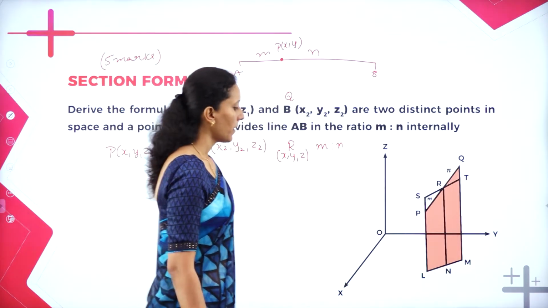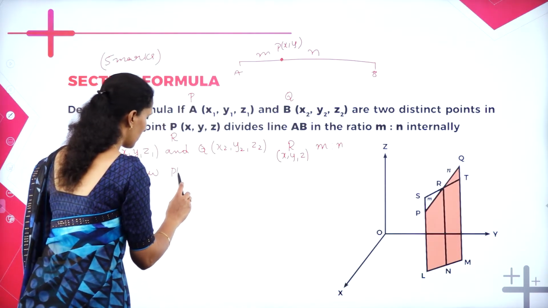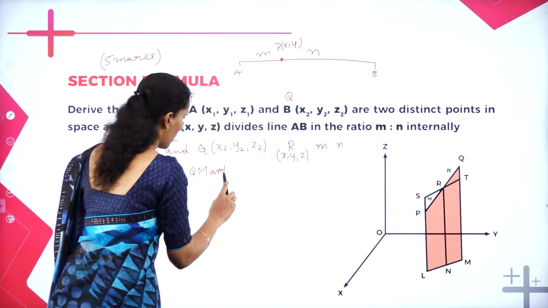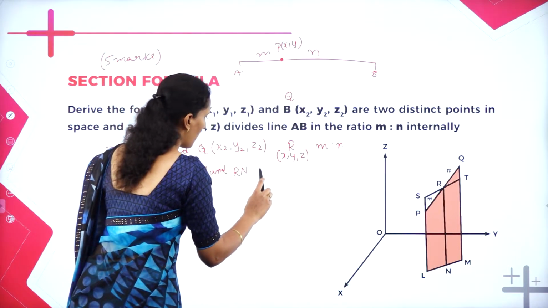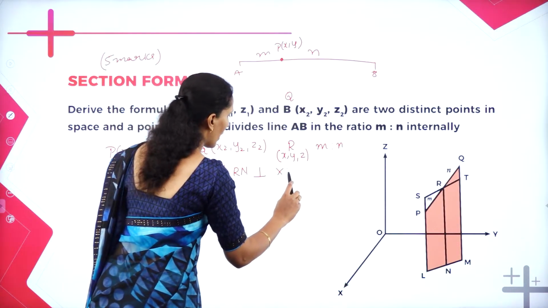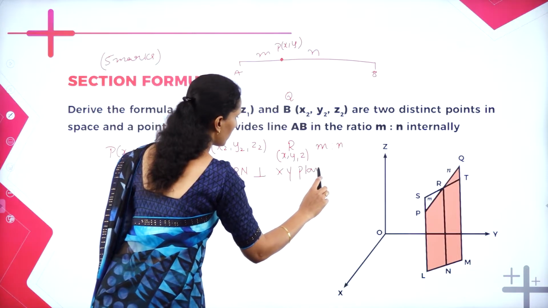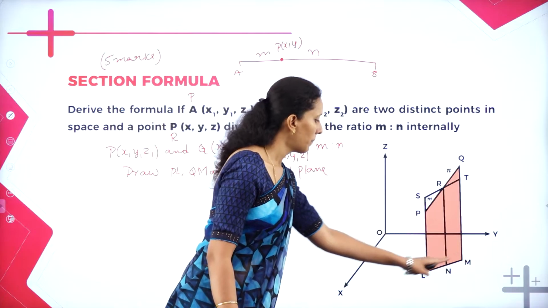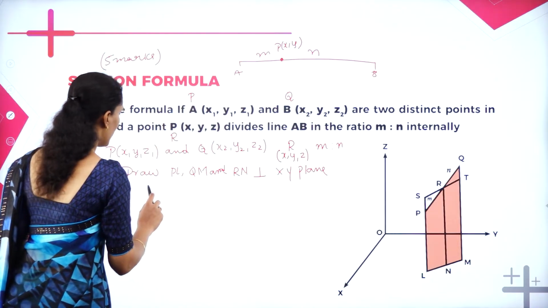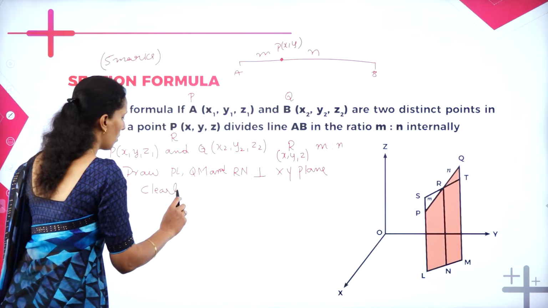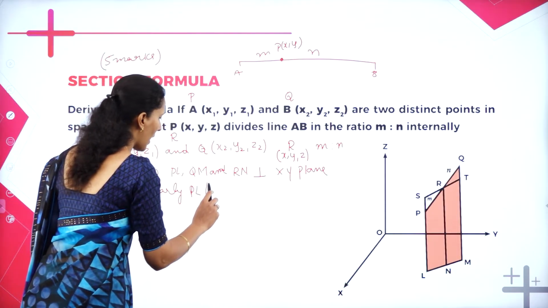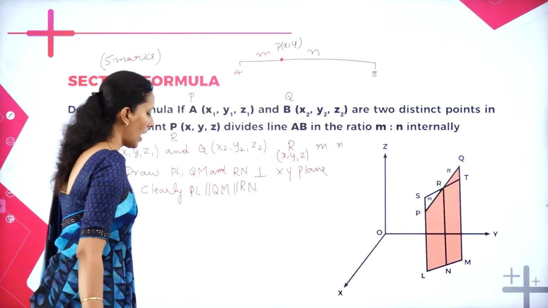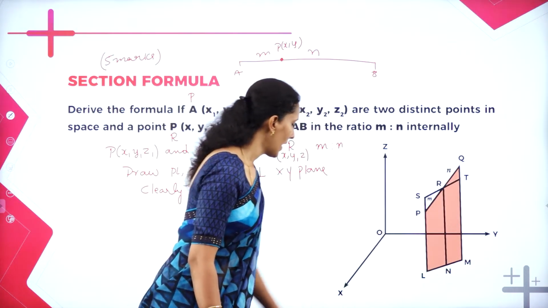So let's see now. Draw PL, QM and RN perpendicular to the XY plane. So draw PL, RN, QM perpendicular to the XY plane. Clearly we can observe PL is parallel to QM and it is also parallel to RN. And the feet of these lie on the XY plane.